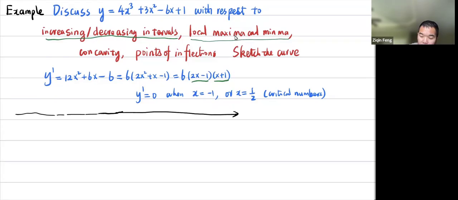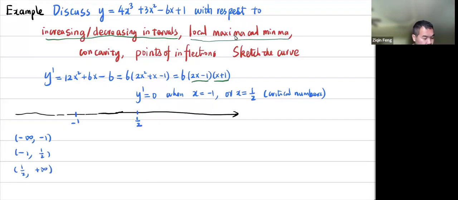This function is increasing or decreasing, right? So you have two critical numbers, which means these two numbers divide the real line into three intervals, right? You can see that it should be from negative infinity to -1, from -1 to 1/2, and from 1/2 to positive infinity, right?